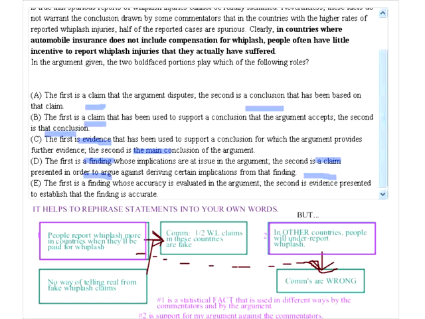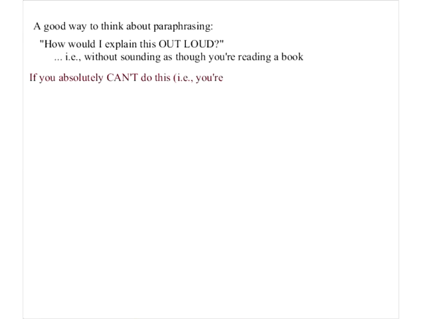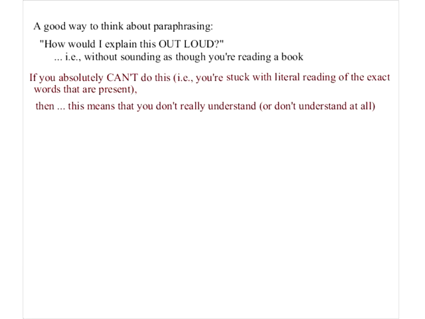But if you absolutely can't do this, i.e. you're stuck with a literal reading of the exact words that are there, then you've got to be honest with yourself. This means that you don't really understand, or don't understand at all, what the passage is saying.